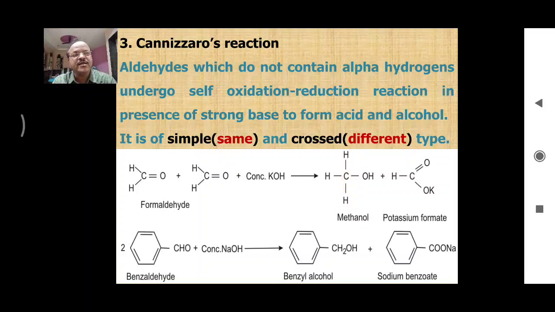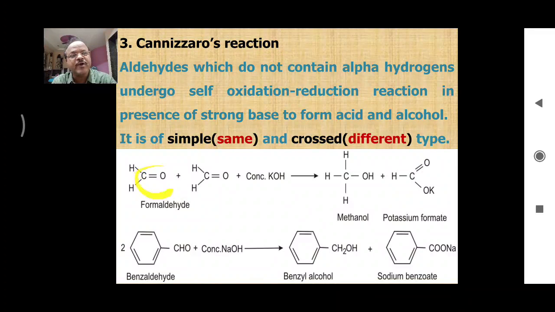Here is another example: two molecules of benzaldehyde undergo self oxidation reduction, that is Cannizzaro reaction, where we obtain benzyl alcohol and sodium benzoate, which is finally converted into benzoic acid. If you look at the structures of aldehydes, formaldehyde or benzaldehyde, alpha hydrogen atoms are not there.